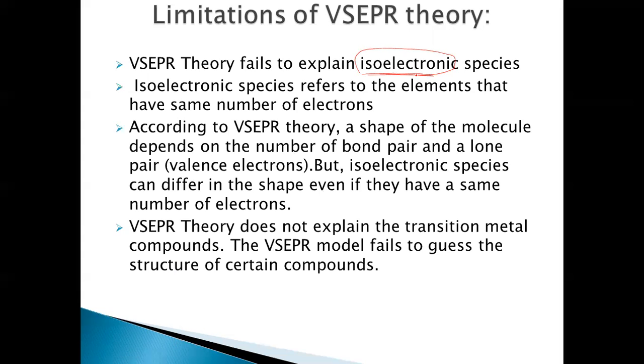So it fails to explain the shape of the molecules in the case of these isoelectronic species, although they have the same number of electrons in the valence shell, but they differ in shape. It is unable to explain why they differ in shape, and it does not explain the transition metal compounds either.